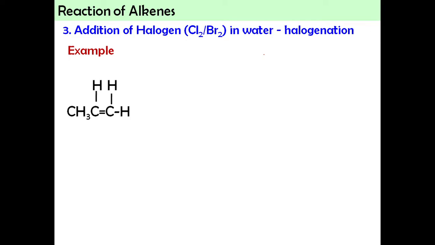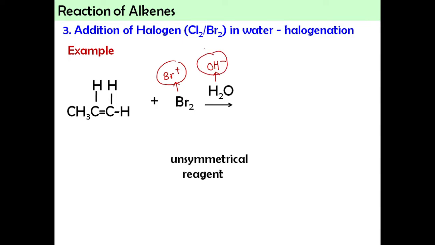Jadi contoh saya ada ini as my alkene and it will react with bromine in the presence of water. Okay, jadi kita tahu bromine akan provide Br plus, H2O akan provide OH minus. Jadi H2O ni akan provide OH yang bercharge negatif, jadi halogen kita akan bercharge positif. So this is unsymmetrical reagent.